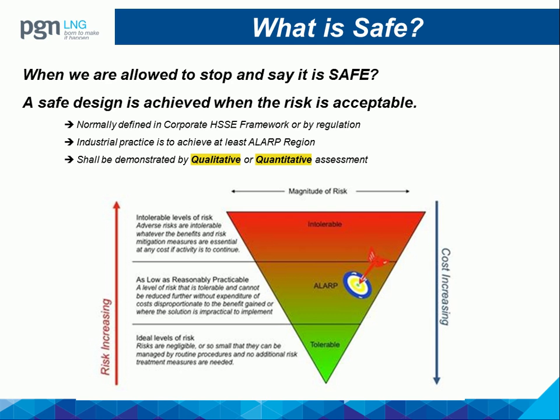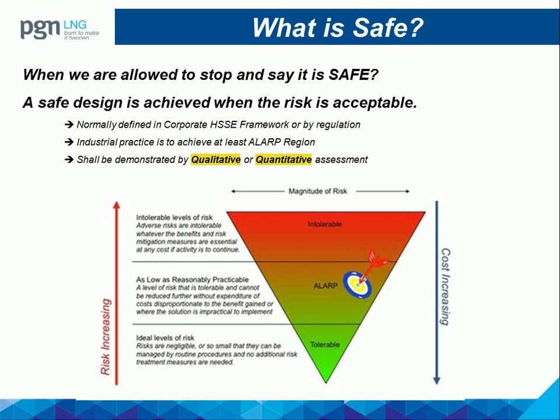There's a jargon called ALARP. ALARP means as low as reasonably practicable. So basically it shows the level of risk that is tolerable and cannot be reduced further without expending a huge amount or disproportionate cost to the benefit gained, or where there is no other solution that is practical to implement.